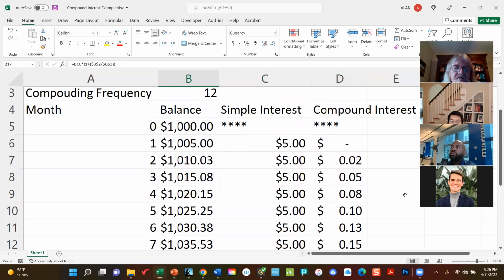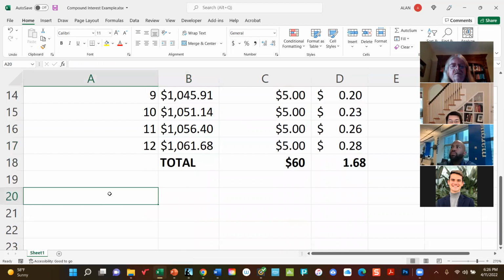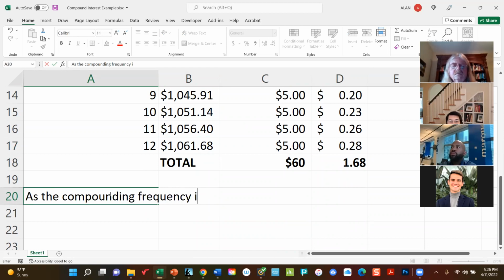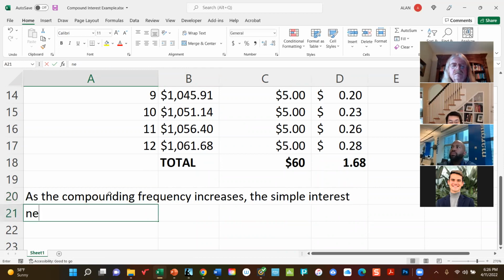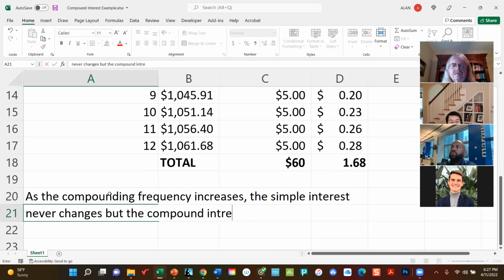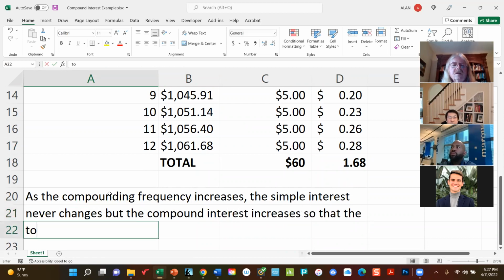Now, what's important about this is that as the compounding frequency increases, the simple interest never changes, but the compound interest increases, so that the total interest also increases.